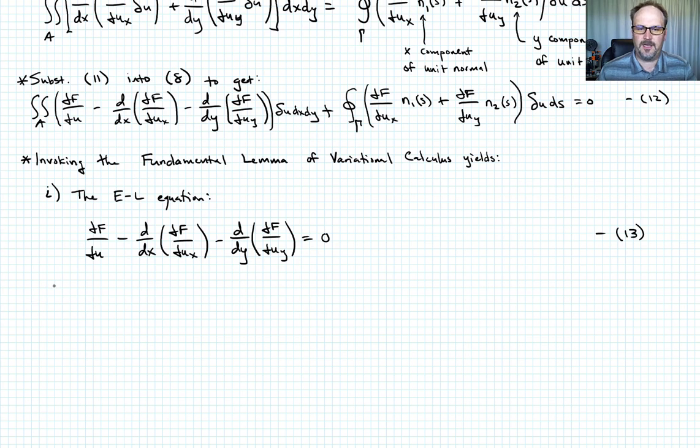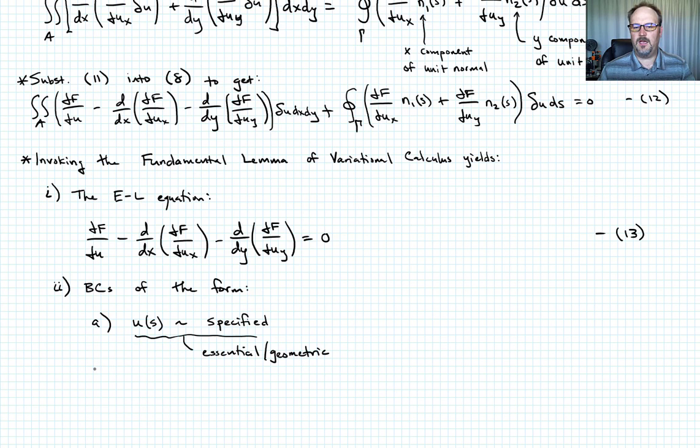How about the boundary conditions? We get boundary conditions of the following form. In the first place, we could have that the function u on the boundary, defined by s, is specified. If that's the case, then this is our essential or geometric boundary condition.